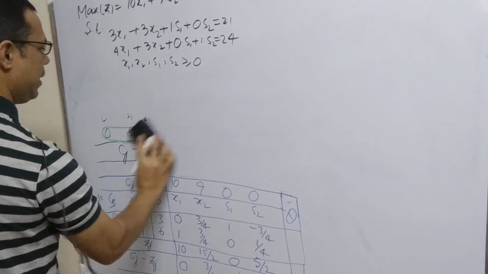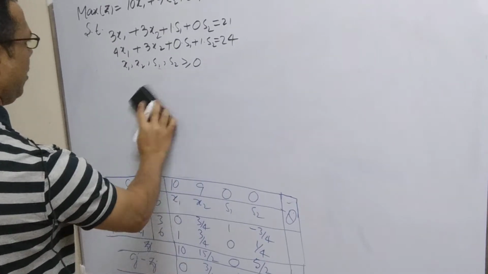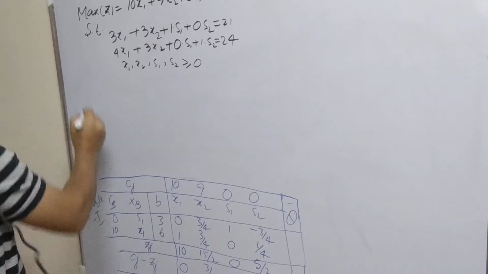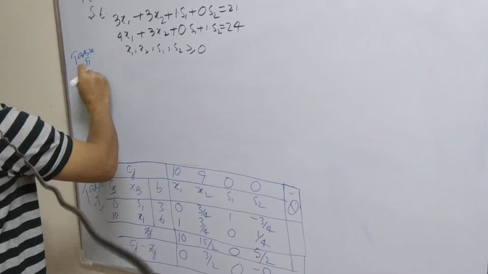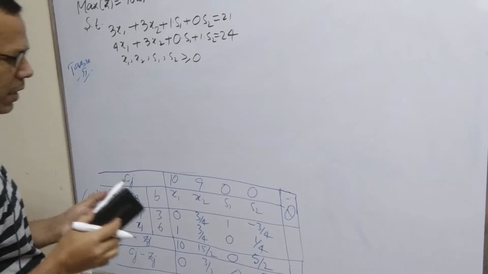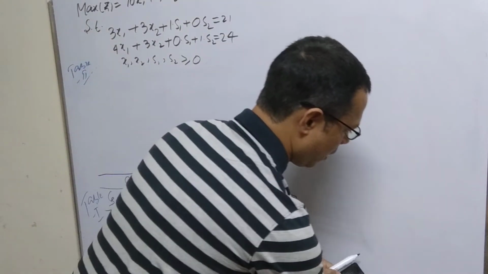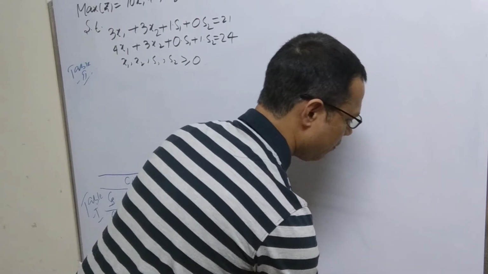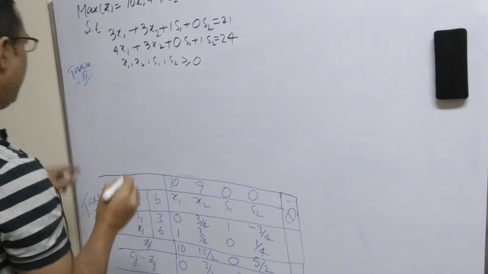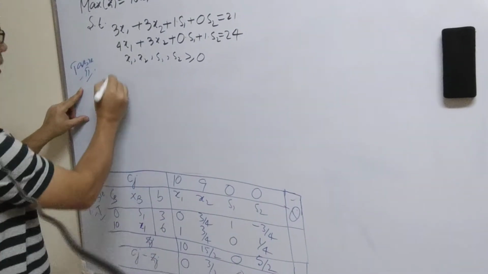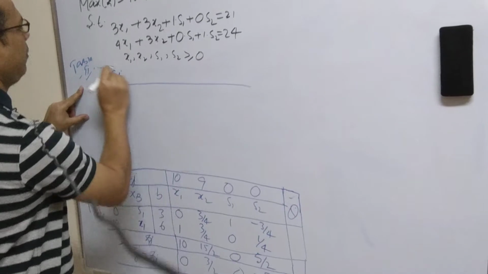I have erased all the contents written here. Now I am going to create table 2. So now we can see how to draw table 2. It is a very simple procedure, the same procedure. We just need to copy all these things, because they are not going to change. Cj will be the same.